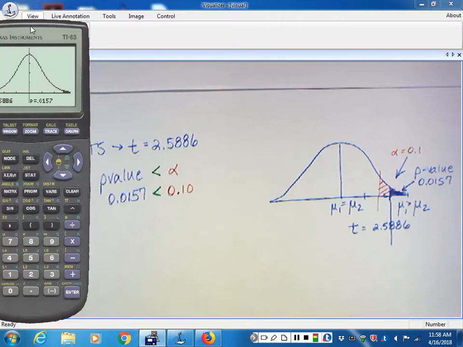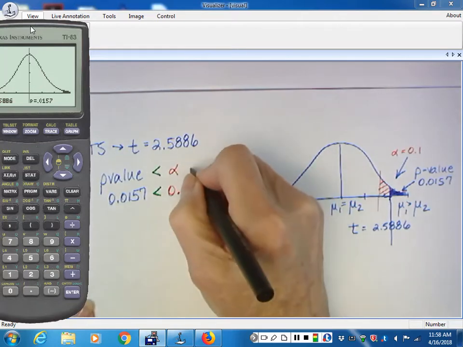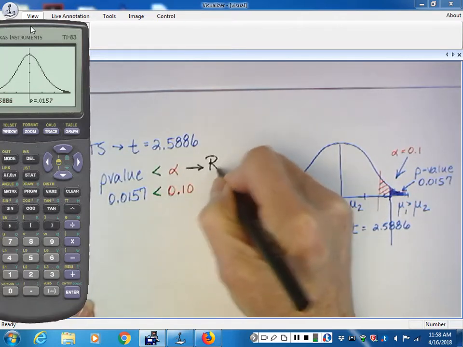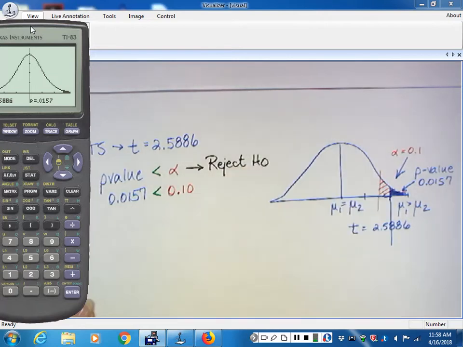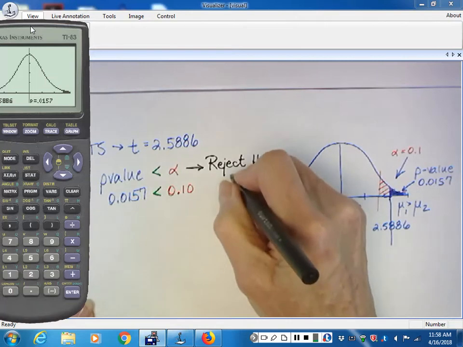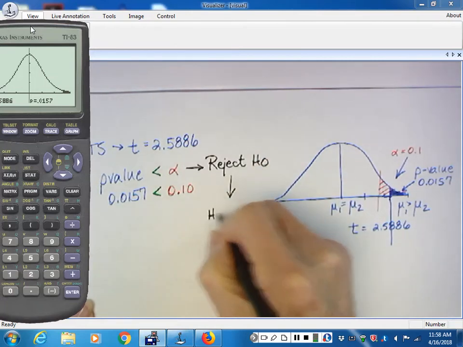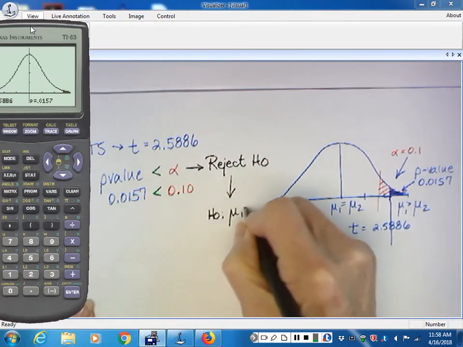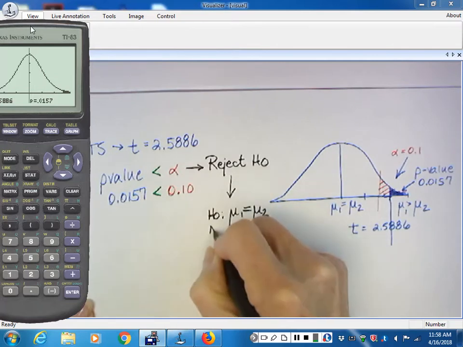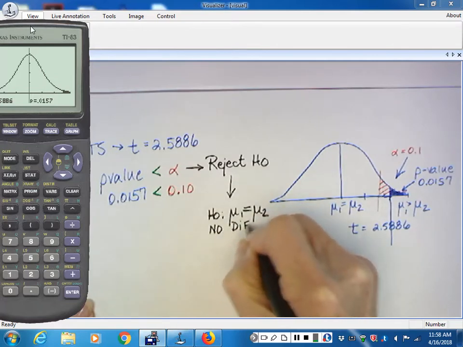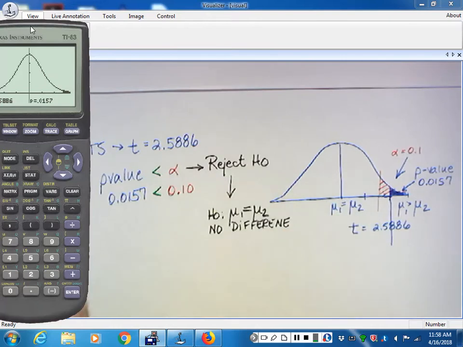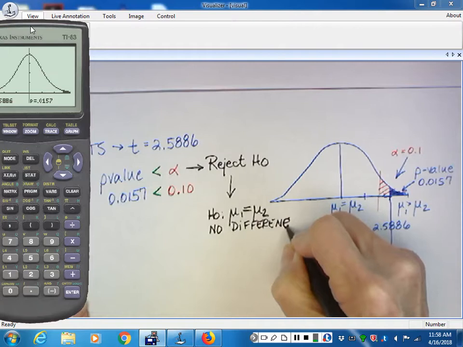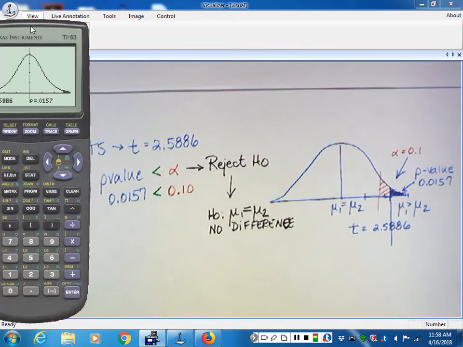So that tells us how we can write our conclusion. And our conclusion is, because p is less than alpha, we will reject H0. And remember what H0 says. Is that there's no difference.